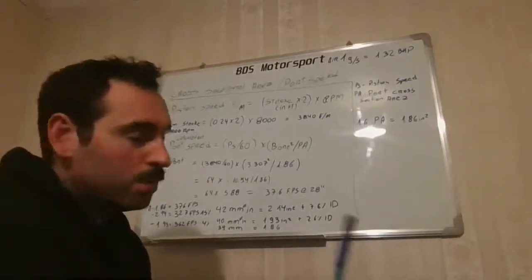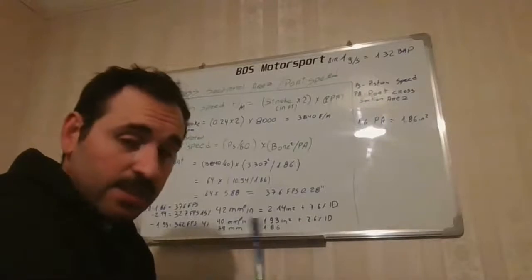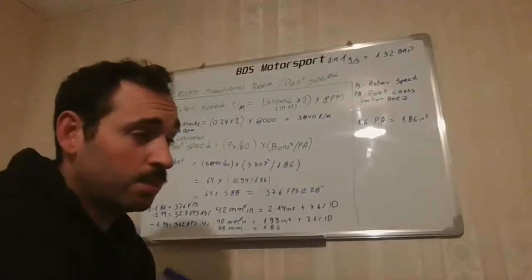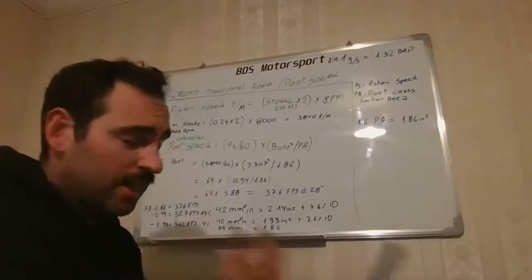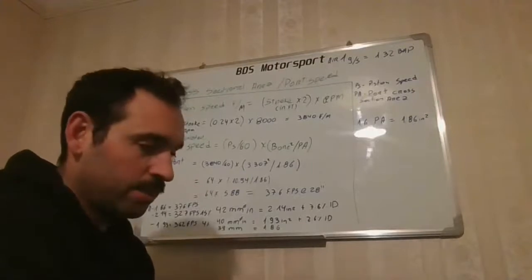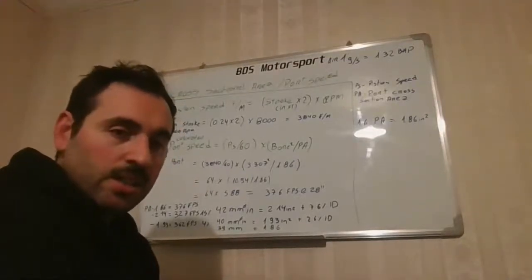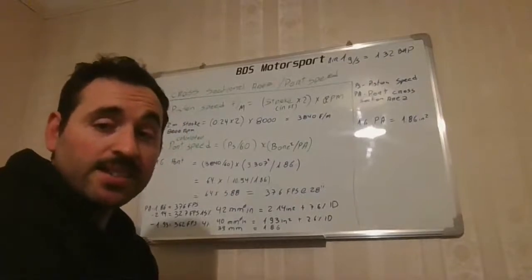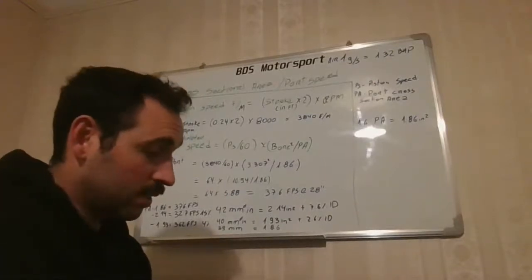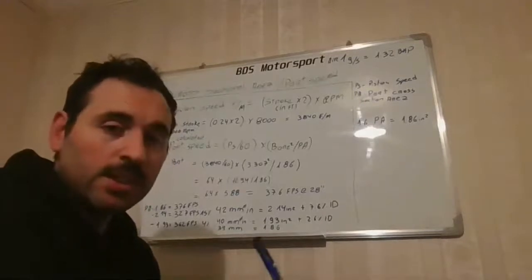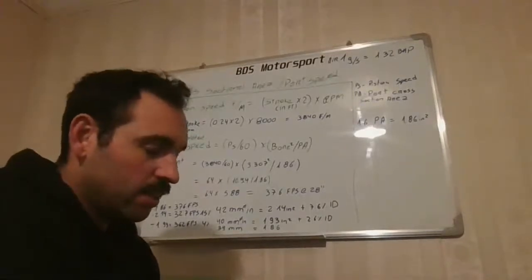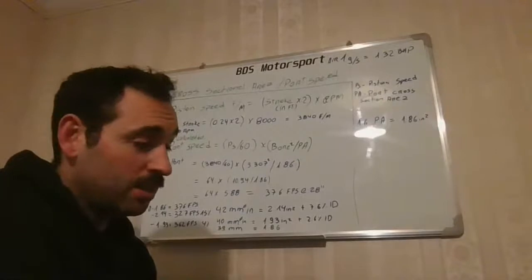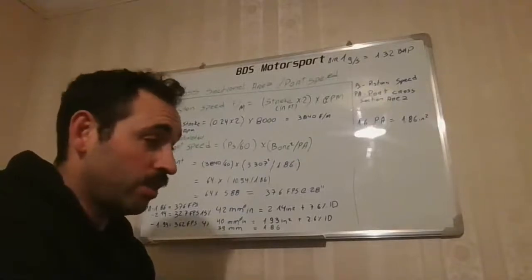Now, there's more math to this than just this. I'm just looking at the port cross-sectional area. Then there's the ideal cross-sectional area per valve size. And that is exactly how you should define the port size, because there's a lot of people, when they port heads, they make the ports huge. They make the ports very big.